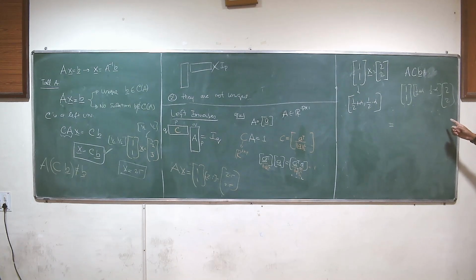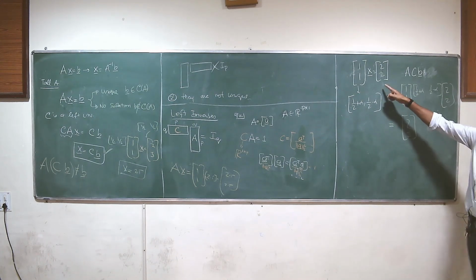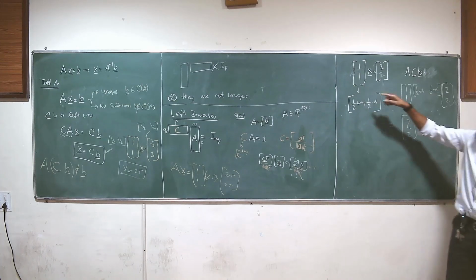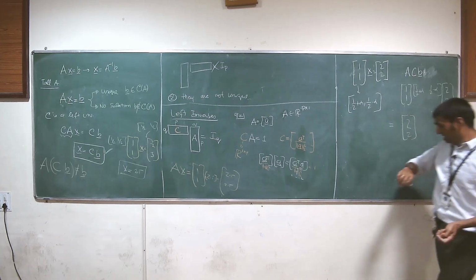Do you get 2, 2? Yeah. So that means whenever B is in the column space of A, it doesn't matter what left inverse you use, you will always solve the problem. Alright, so we'll stop here.